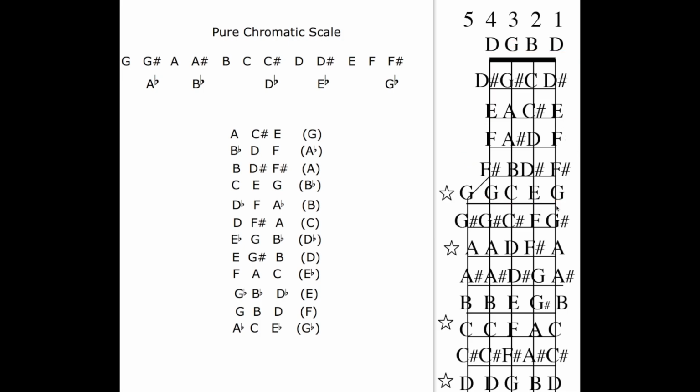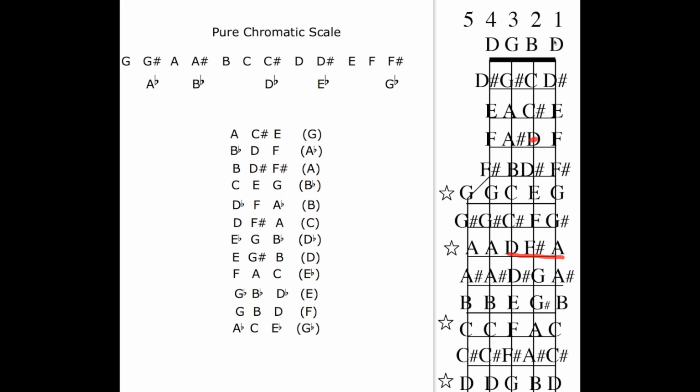Let's do this with a D chord. D, F sharp, and A. Here is something special. On this string, we can do a D or an F sharp in first position. But on this string, we have no option other than D in first position.